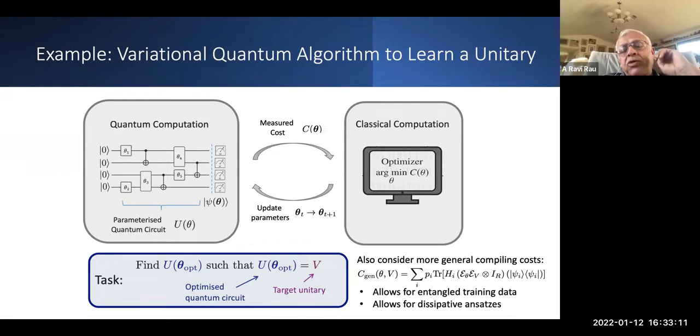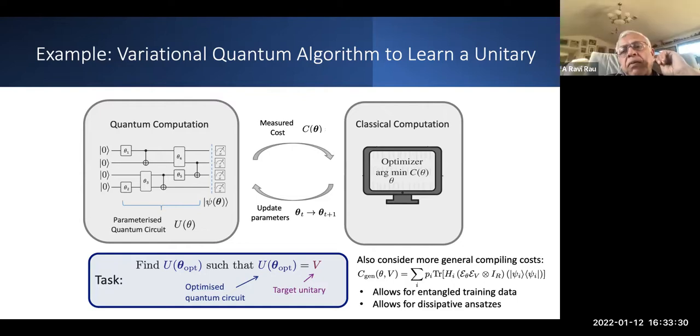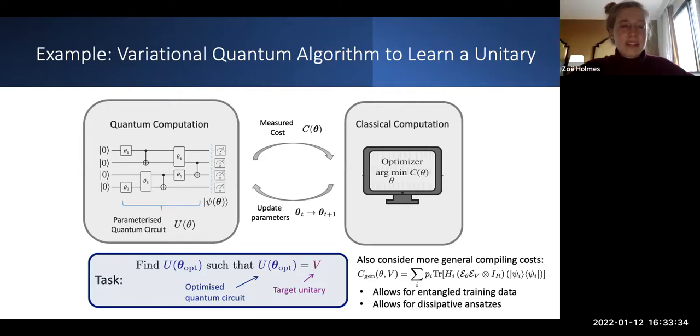So what you're doing variational is really on the right-hand side, on the classical computation, on the C of theta. Am I right? So the classical computer will just tell the quantum computer, I want you to run with respect to the set of parameters theta primed. Right, and the quantum computer just runs that circuit.